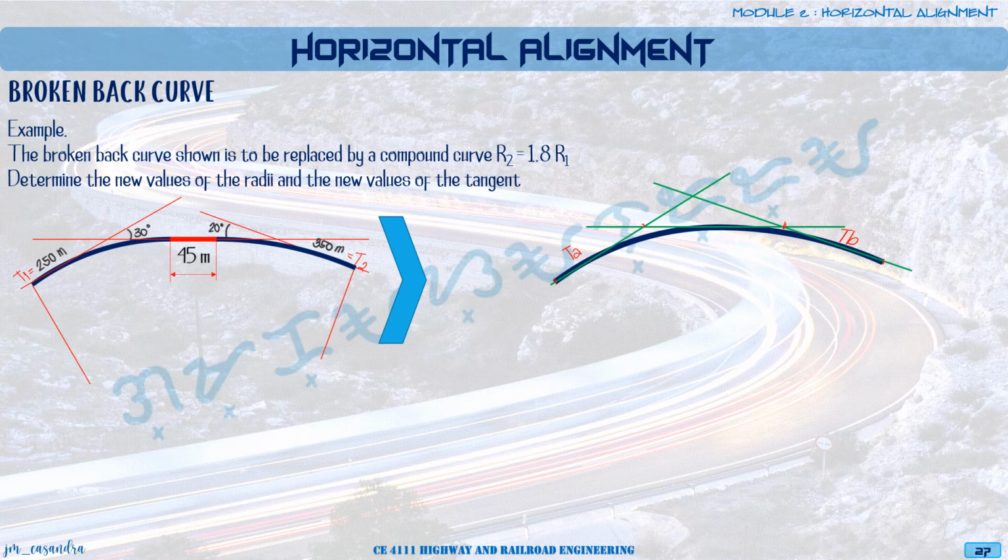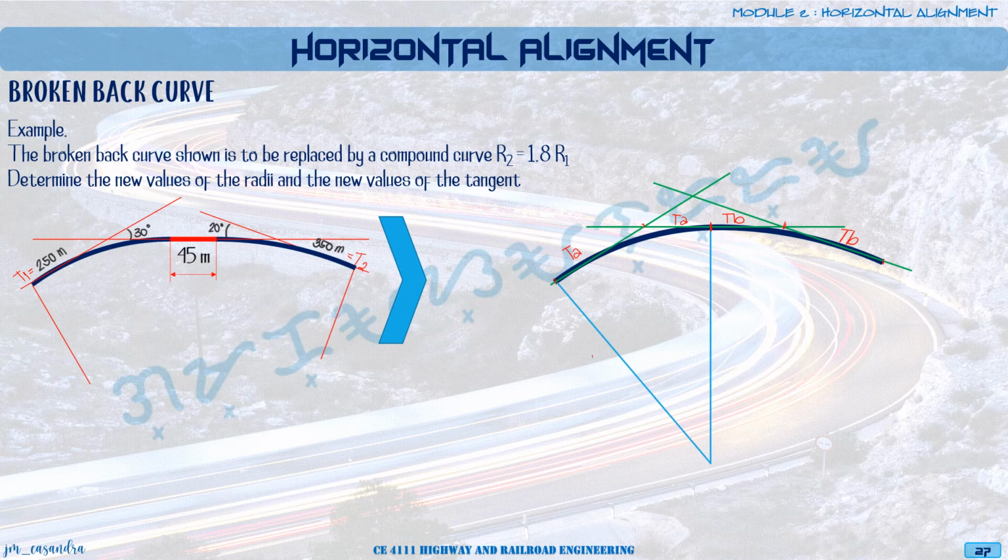So this is now the meet up point or the point of common curve, PCC. Okay, so this one is also T sub A. This one is also T sub B. So for our solution, we now have our first curve.